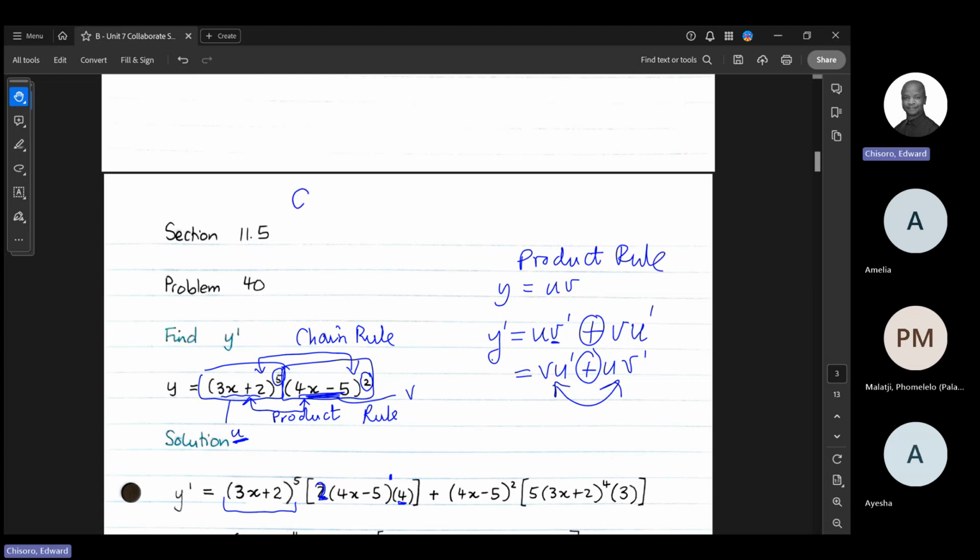And then if you write the chain rule on the side here, just to reiterate what we did: if we have y equal to some function of u and u equal to some function of x, the chain rule would be dy/dx equal to dy/du times du/dx.